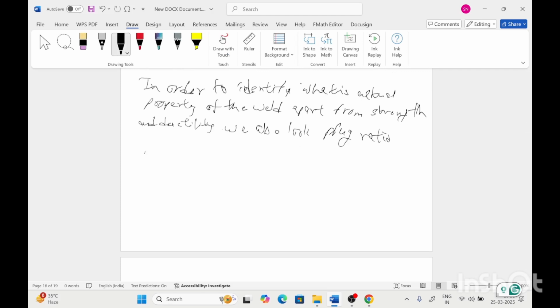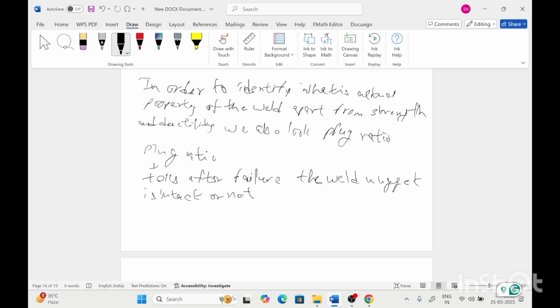The plug ratio tells us whether after failure the weld nugget is intact or not, and it is given as plug ratio equals plug size after testing divided by the weld nugget diameter.